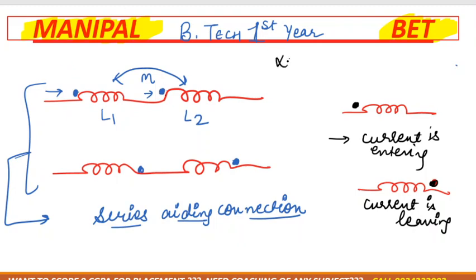The formula for that: L equivalent, the total inductance, would be L1 plus L2 plus 2M. L1 is the self inductance, L2 is the self inductance of the second coil, and M is the mutual inductance. So this formula you are going to use in the numerical.